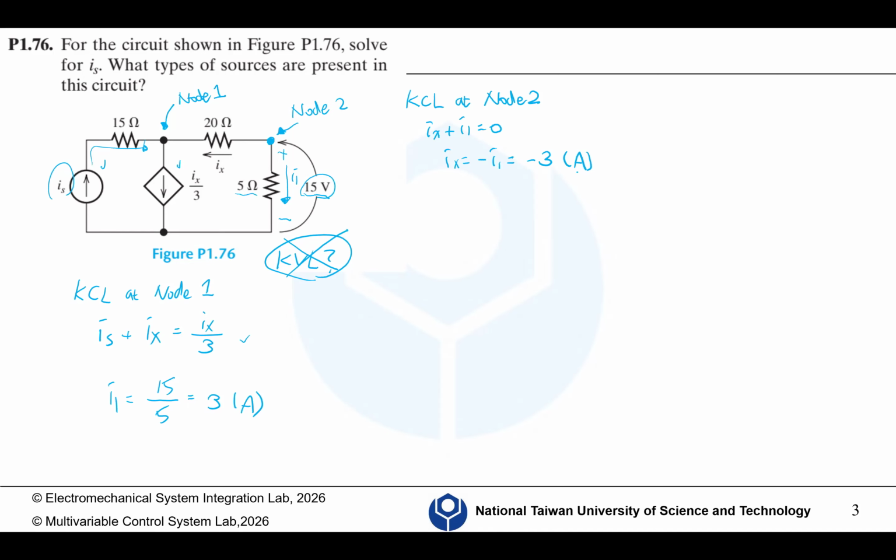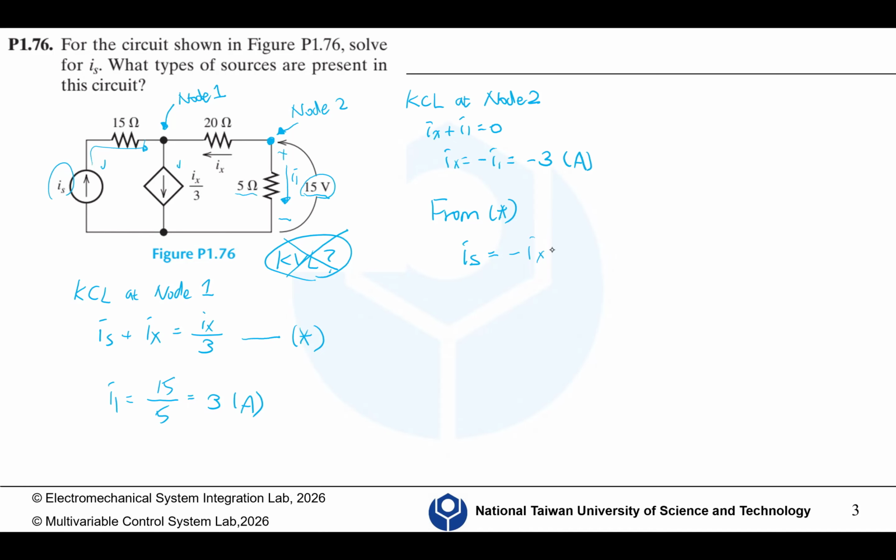Since from equation 1, this is equation star, we solve one variable, Ix, and use it in equation star. From equation star, we have Is equals minus Ix plus Ix divided by 3, equals minus 2 over 3 Ix.